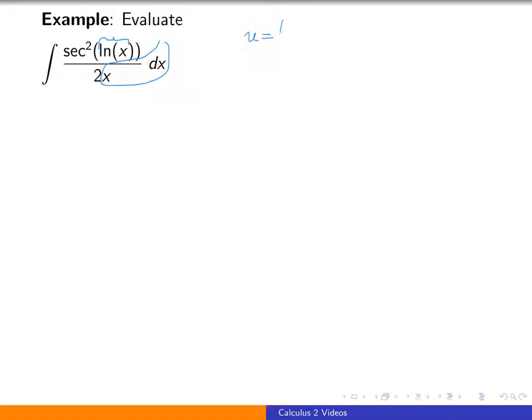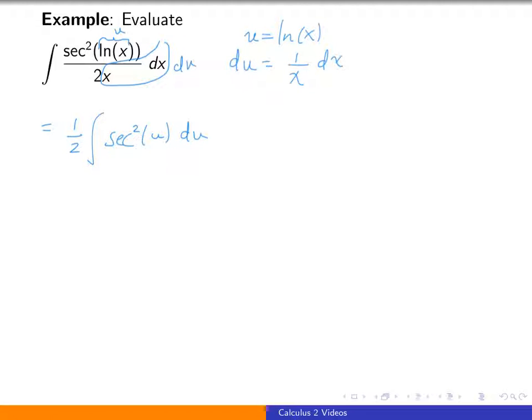So if we let u be equal to ln of x, du will be its derivative, 1 over x dx. So ln of x is u, and 1 over x dx becomes our du. Immediately, we have a 1/2 that we can pull out front, and what we are left integrating would be secant squared of u du.